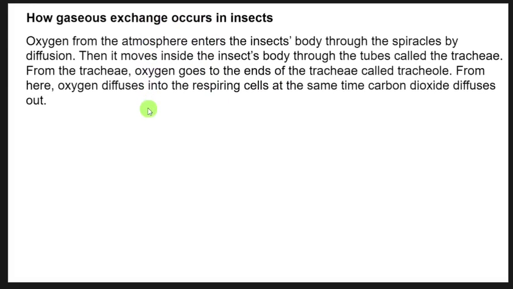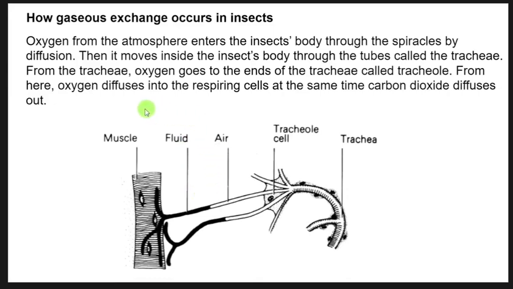As usual, now let's look at this tracheal system of the insect. Here we have the opening called the spiracle, and when air enters, it passes through this tube called the trachea, and then this trachea divides into several smaller tubes called the tracheal.